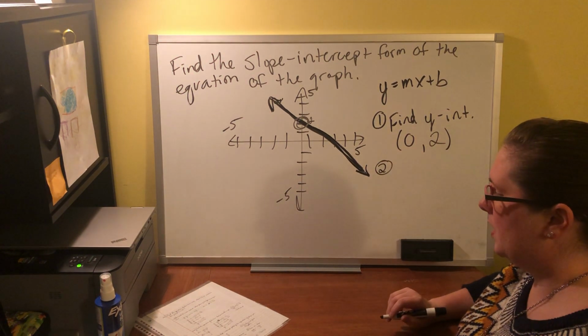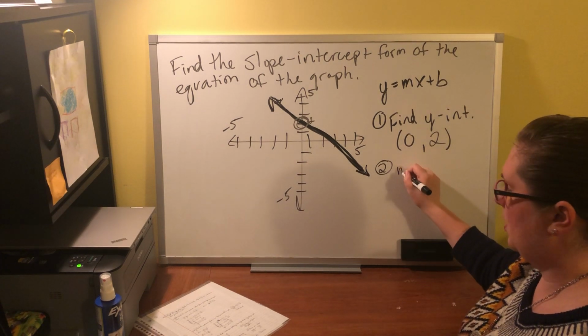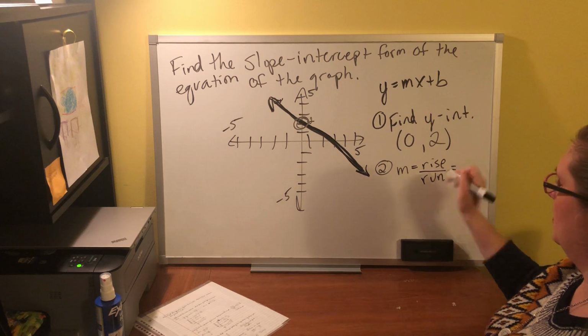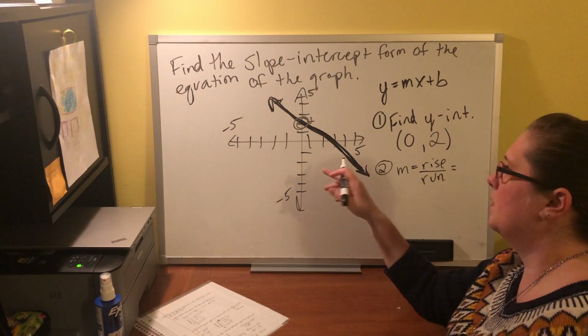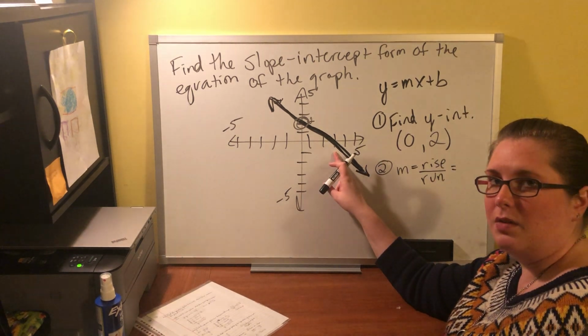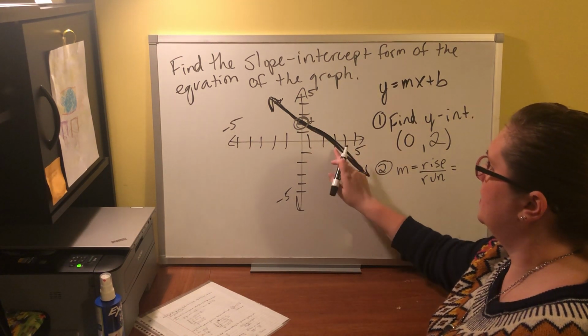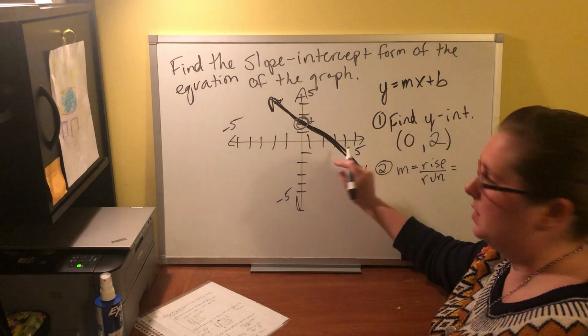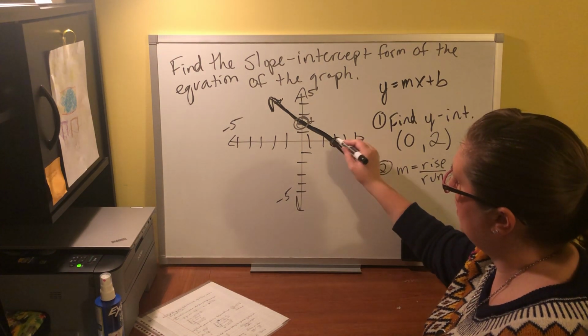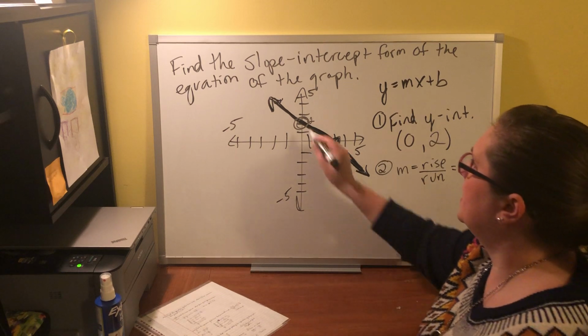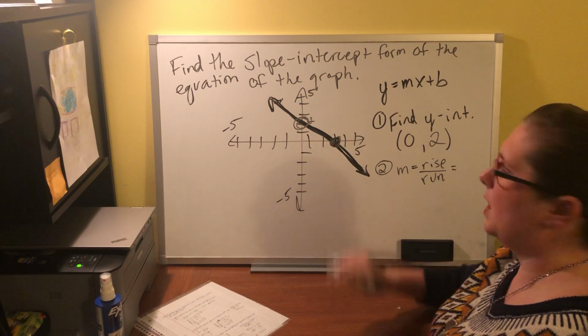Then we are going to calculate our slope, our rise over run. To do that, we want to find where it hits the other point on the graph through the axis. It hits the axis here where there would be a 0. So this is going to be our other point. To get to this point, we need to do our rise over run.